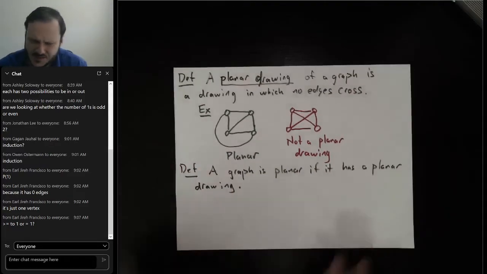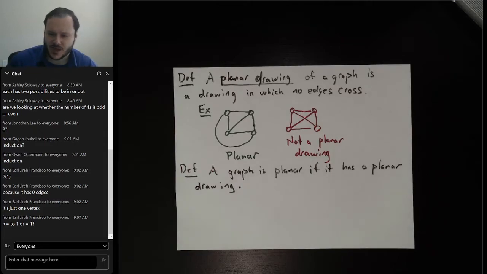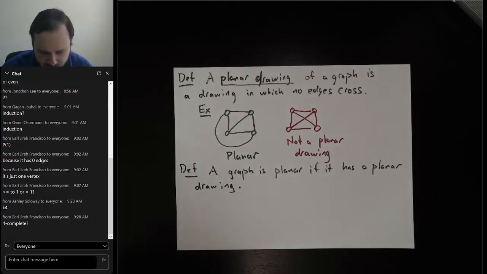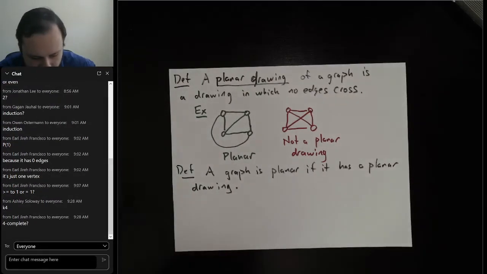So what graph is this? What name do we have for that graph? It's one of our special graphs. K4, really good. So this shows that K4 is planar.